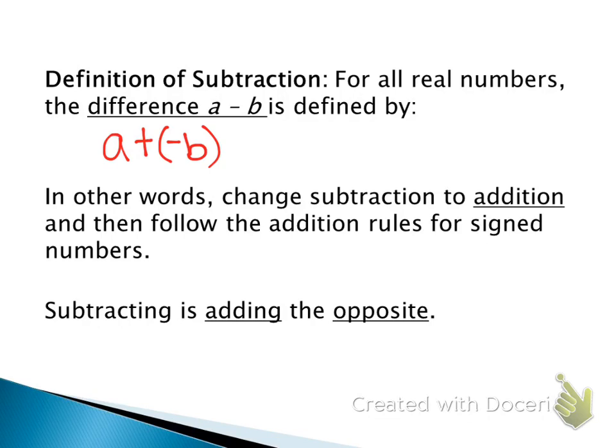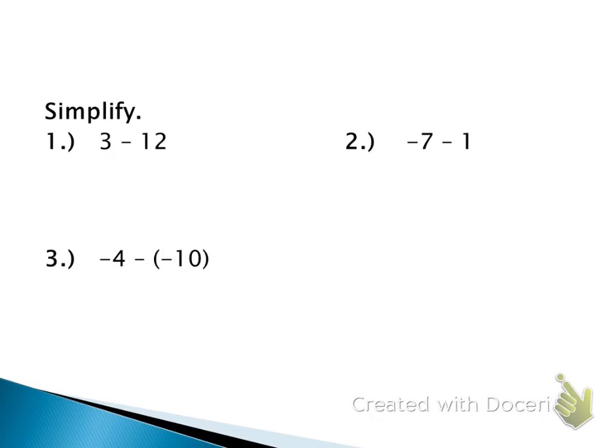Subtracting is adding the opposite. Let's work on some examples. So on these, I'm going to rewrite them as addition problems. Like yesterday, some of them you might not need to do that on, but for the sake of consistency, that's how I'm going to show them.